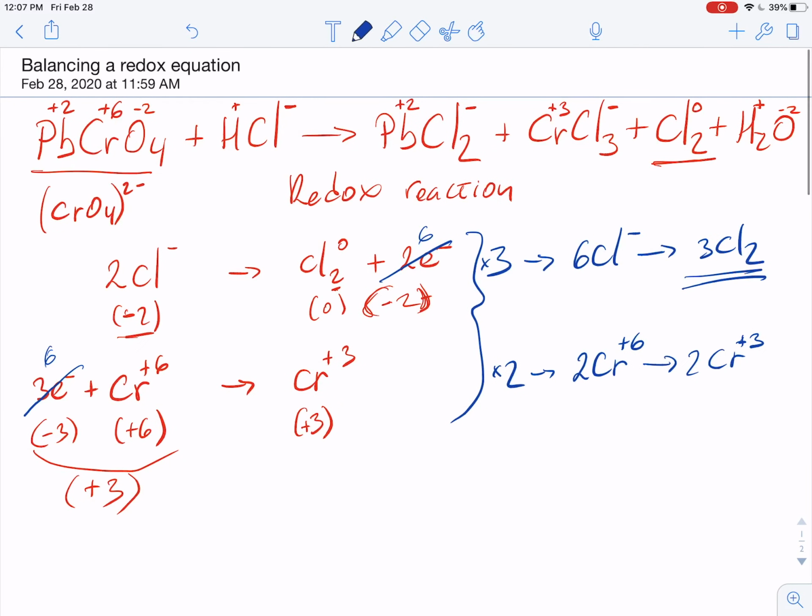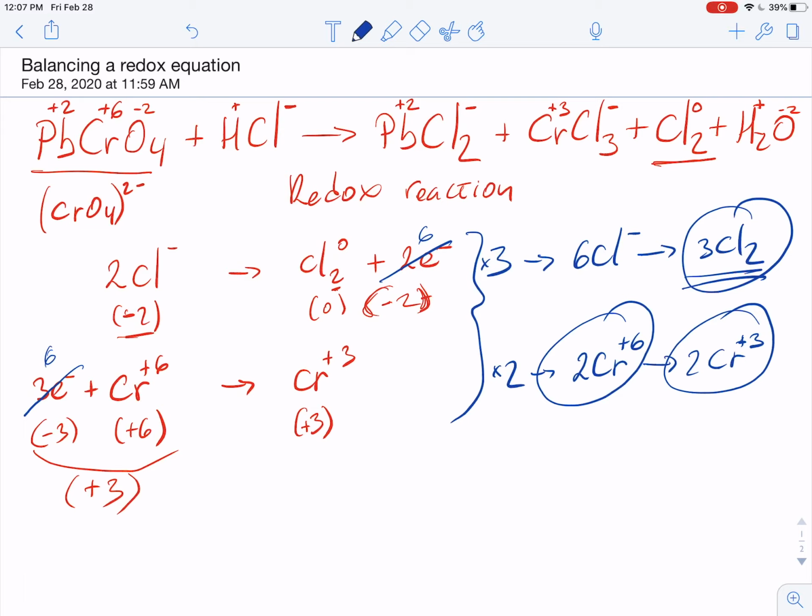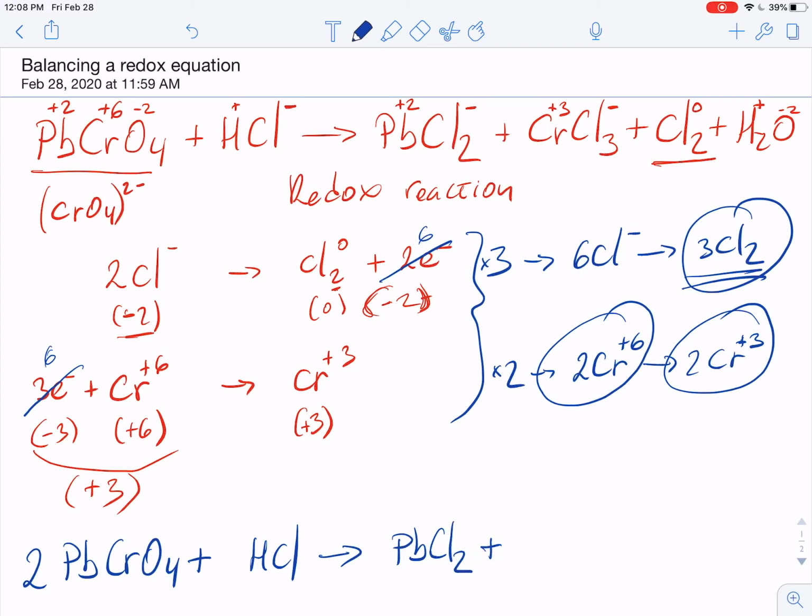Now we take these numbers and replace them in the overall reaction. You have to put a 2 in front of the chromium 6, so that is 2 lead chromate. I'm going to leave the HCl alone for a moment. I'm going to leave the lead chloride alone for a moment, but I'm going to change the one for chromium 3.